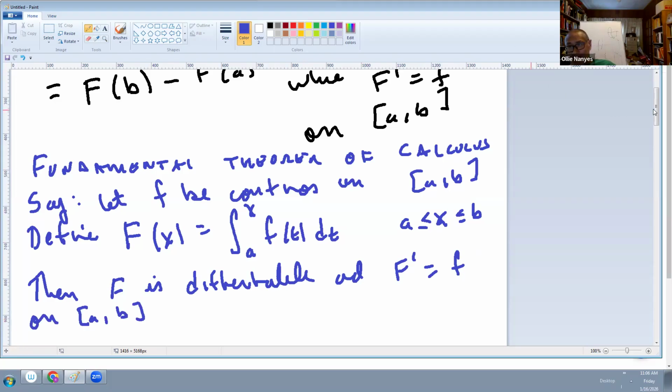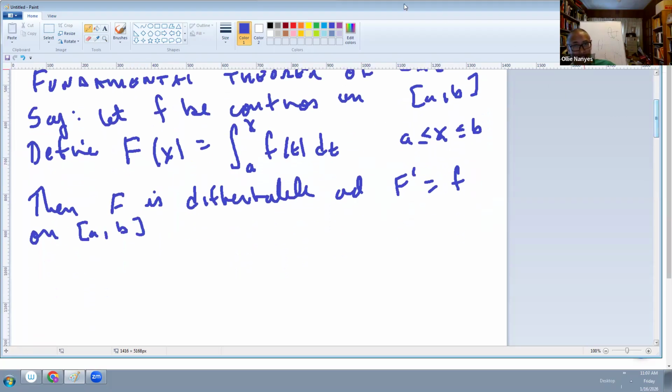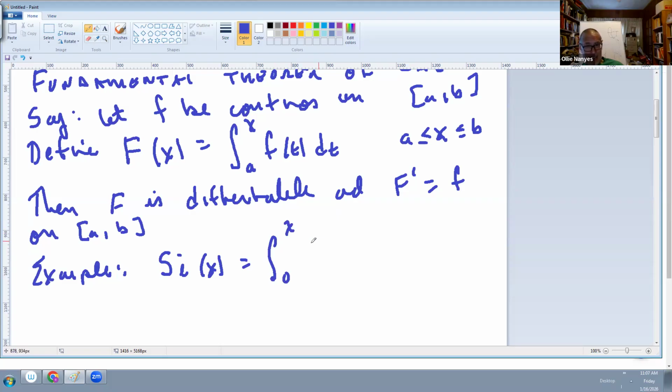Let's take a look at an application of this. For example, let's say I want to define the Si function, sometimes called the sine integral, to be the integral from 0 to x of sine of t over t dt.